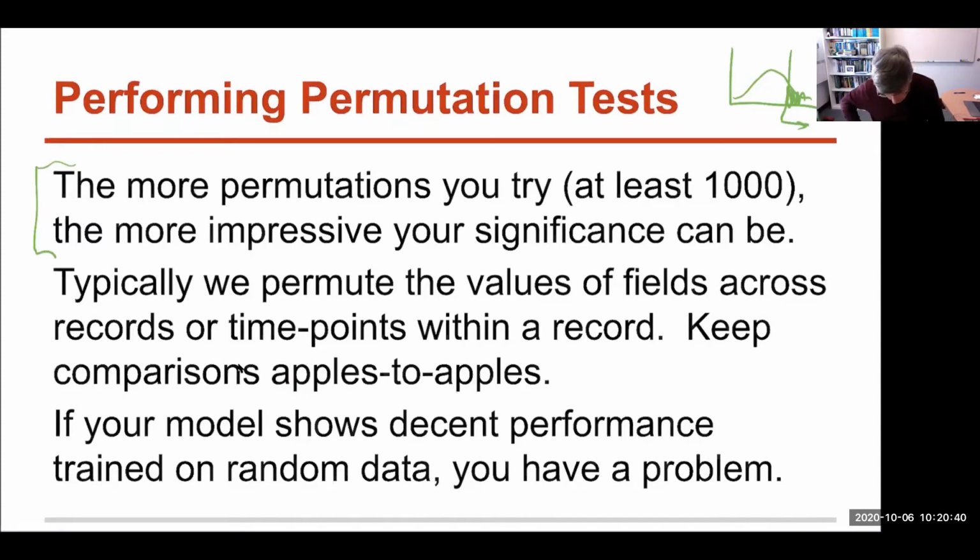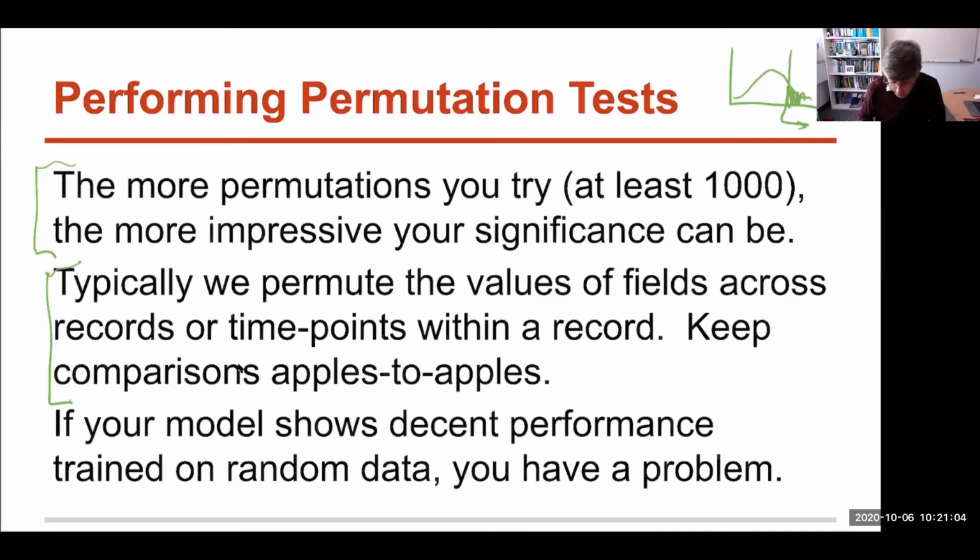The other thing is that there's a certain level of care that needs to be taken when you do the permutation, to make sure you're keeping things consistent. Typically, the thing to permute is the label that you're trying to test.